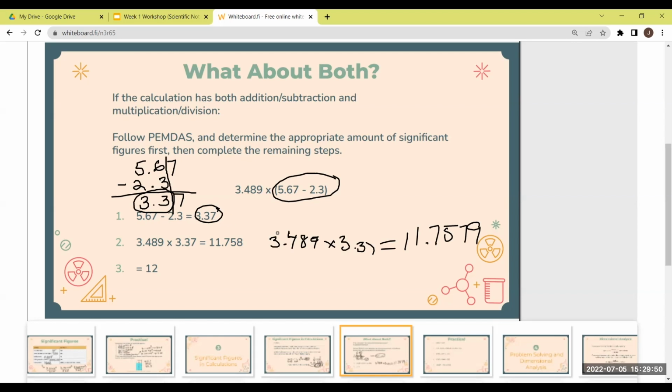And then after we do the multiplication, there's only 2 significant figures in the answer. So we're going to only record the first 2 in our result. So then we're going to check for rounding here. This is going to be a 7, so this is going to round up. And that's going to get us our answer of 12.